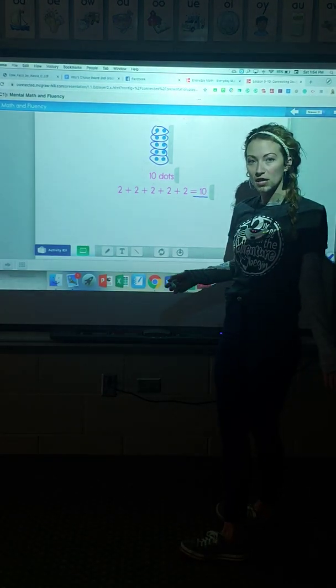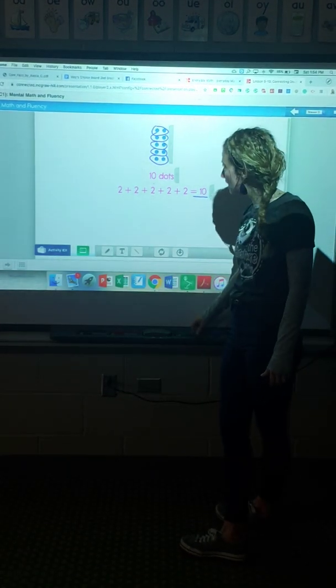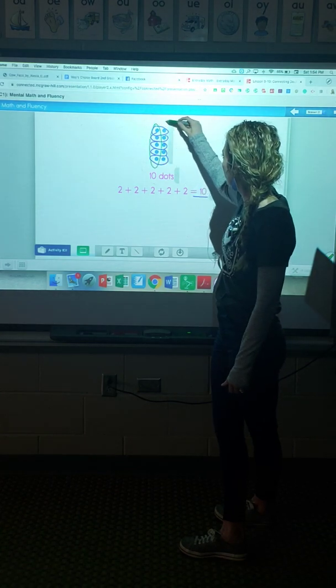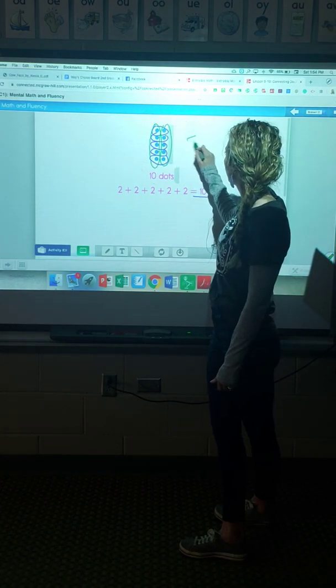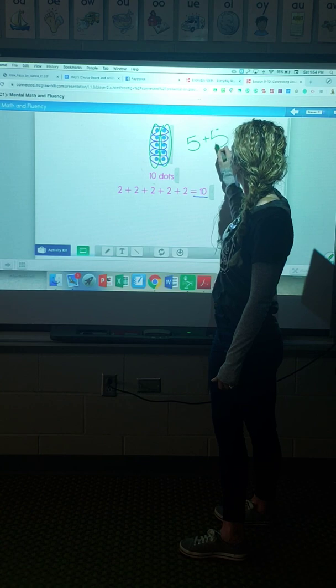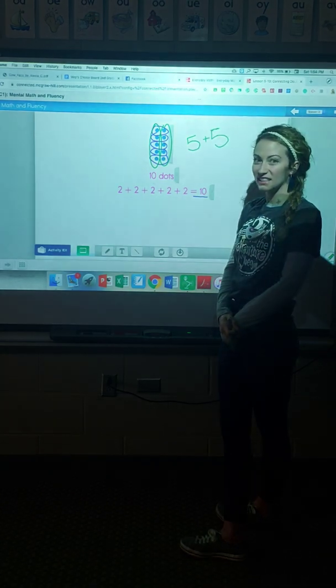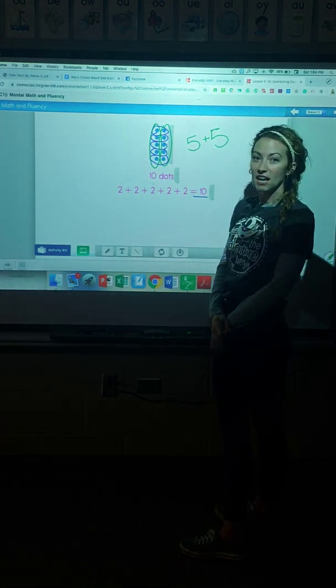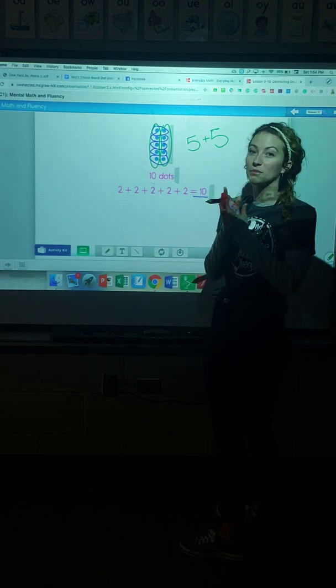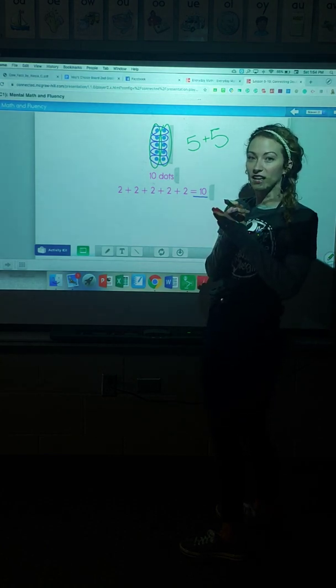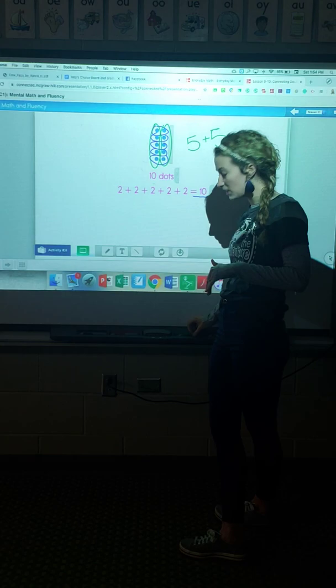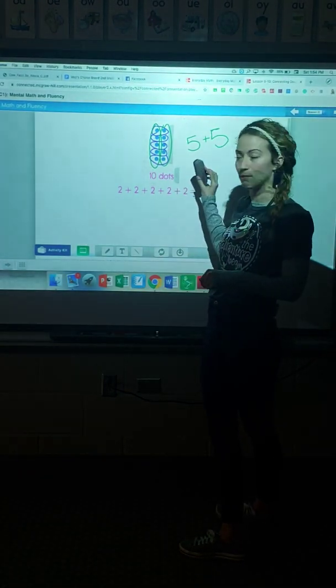So another way that we could write that array is 5 plus 5. Good. And then the next one, I will add multiplication, multiplying at the end. So I'll erase and we'll move on to the last mental math warm-up.